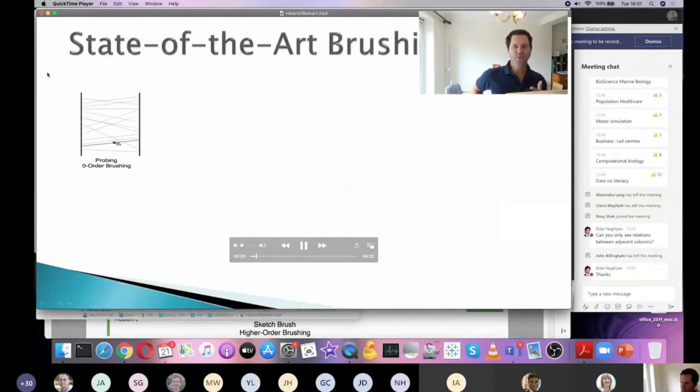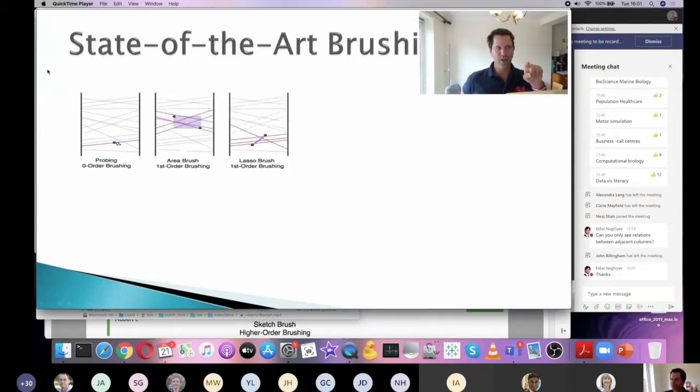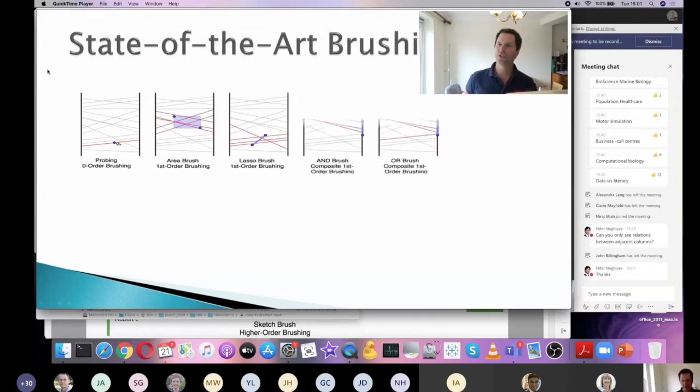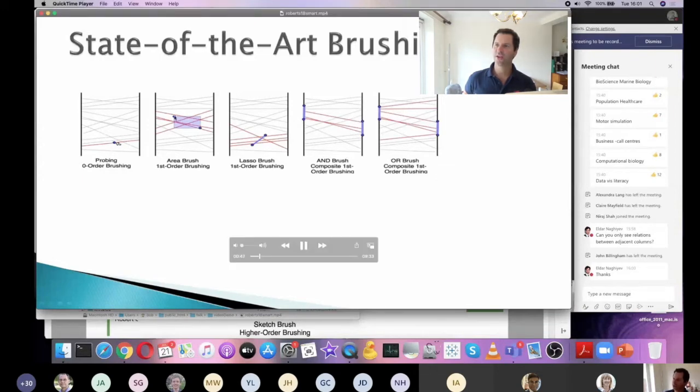And there are different ways to interact with the plot, right? One way to interact with the plot is by clicking on the line, and then you can see the polyline as it spans the PCP space. You can brush, you can define a region, and then all of the polylines passing through that area are highlighted, right?